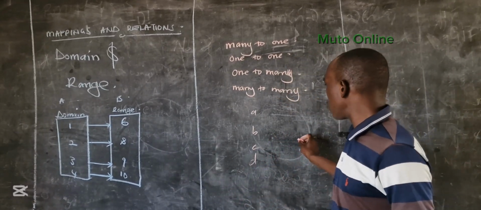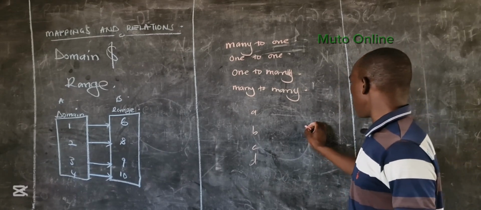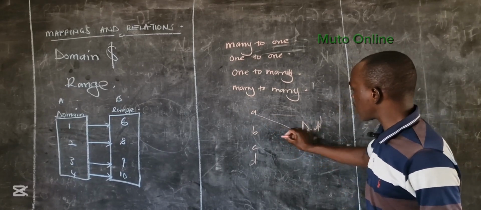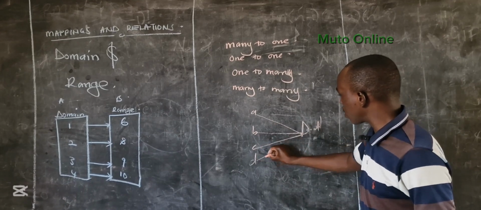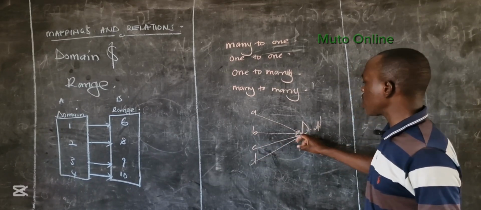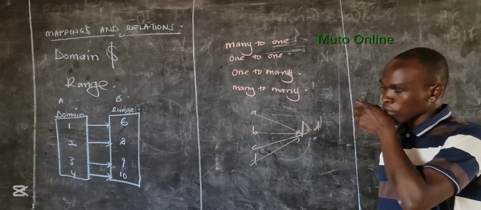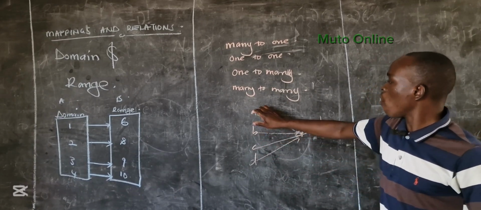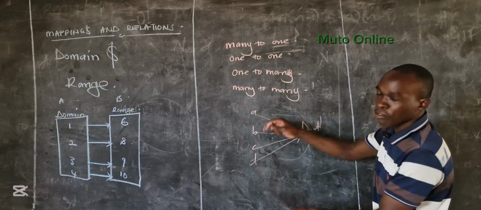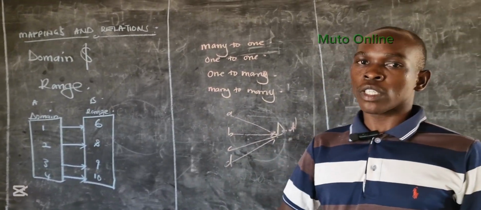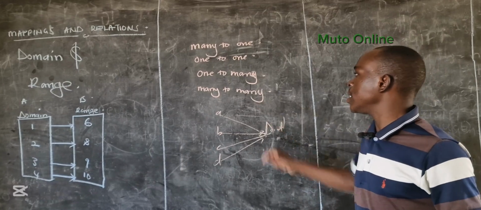That means they all subscribe to the dad, only one dad. They are all my daughters. So this kind of mapping is many to one because they are originating from different points, but they are all terminating at only one point. So such mappings are called many to one.